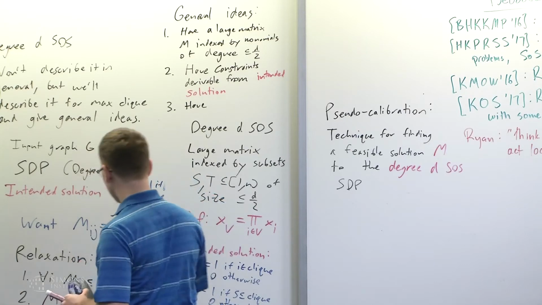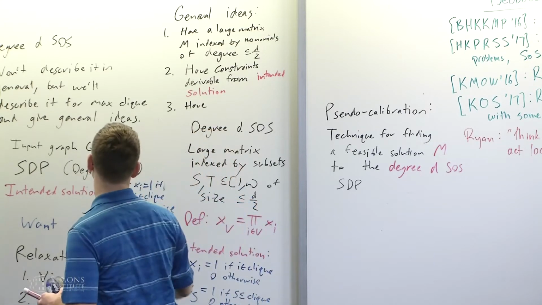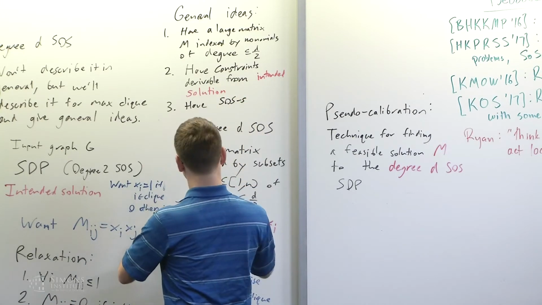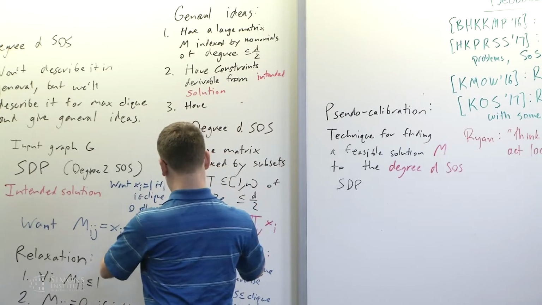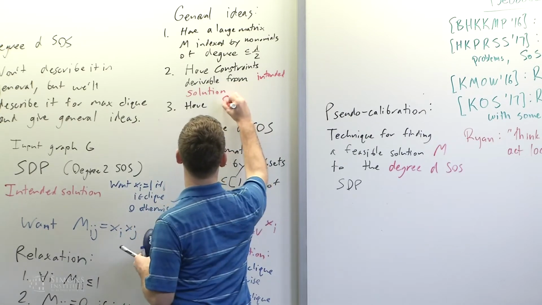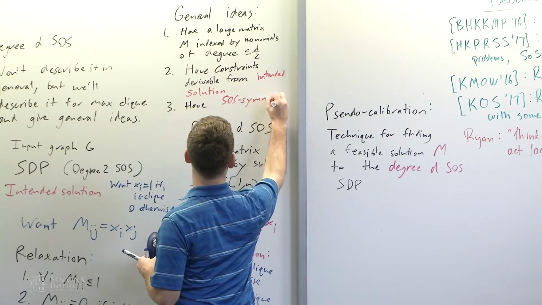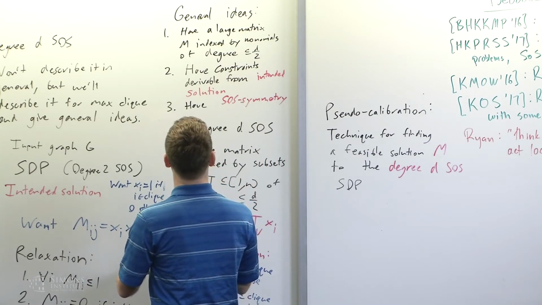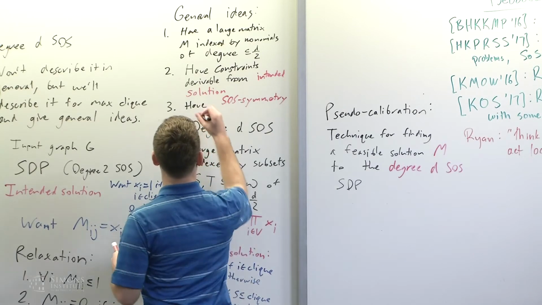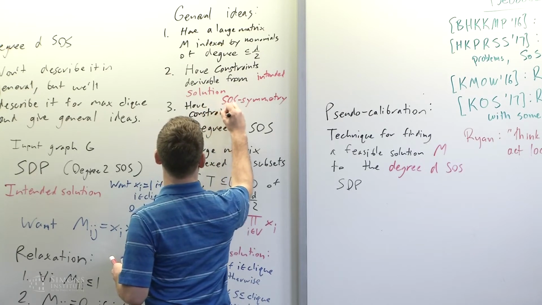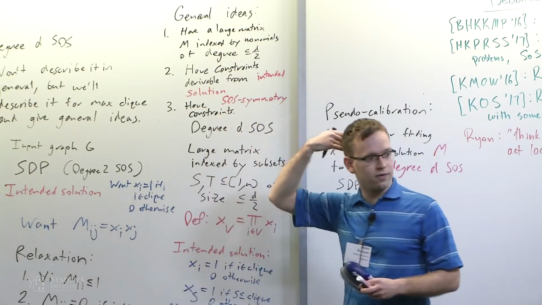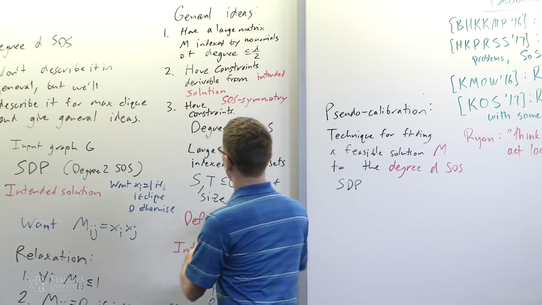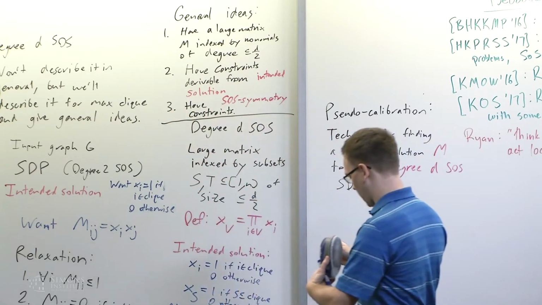And you'll have a lot of symmetry constraints saying that entries corresponding to the same monomial should have the same value. Okay, so this is a flavor for how you'd get the degree D sum of squares program more generally.